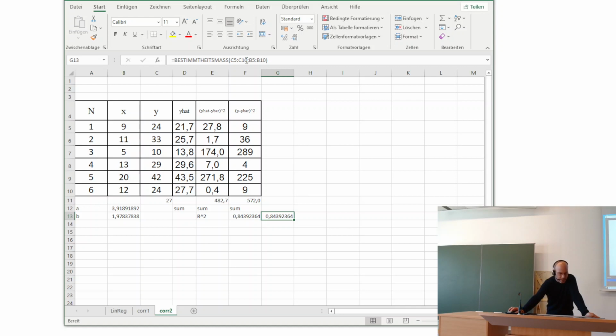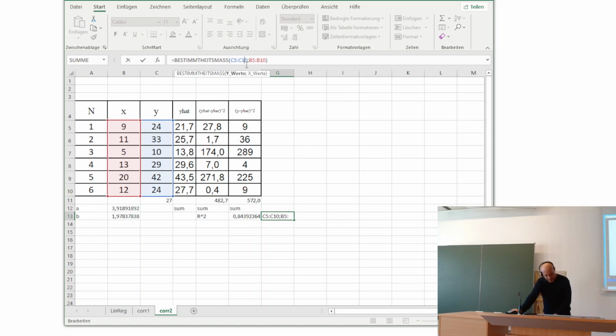Question: if I would exchange x and y in this formula, what happens to the number?